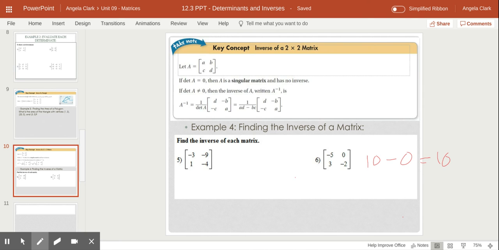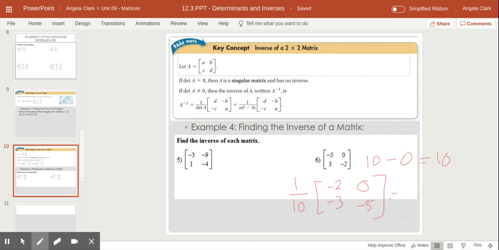So for my inverse, I have 1 over 10 times, and I'm going to switch the locations of the negative 5 and the negative 2. So I get negative 2 here, negative 5 down here. And then with these, I'm just switching the signs. So I get negative 3 and then negative 0 is just 0. So that doesn't really change.